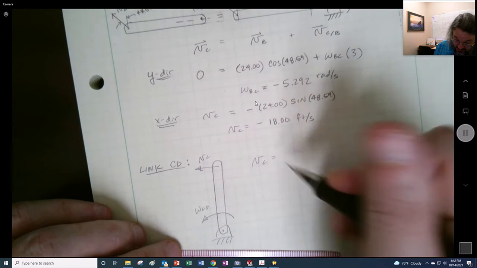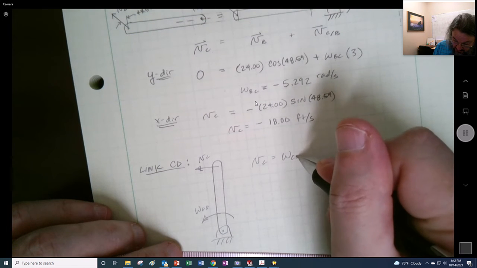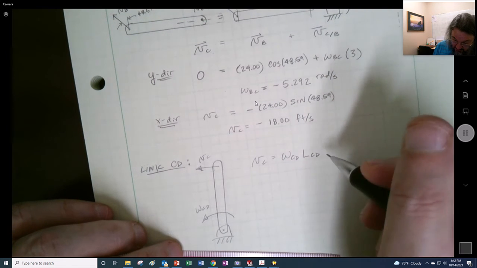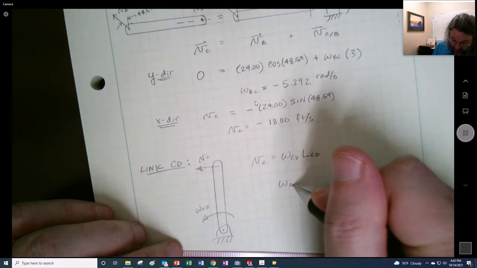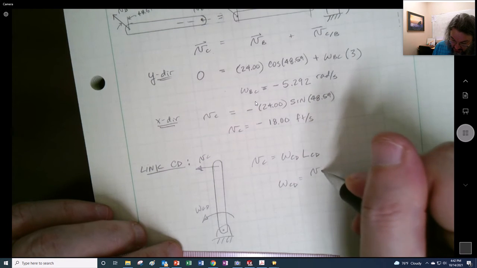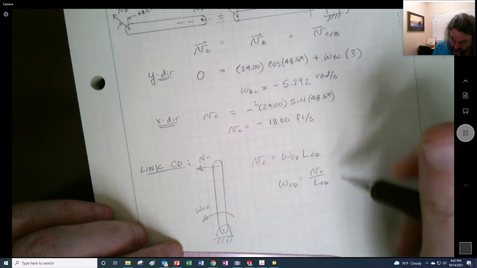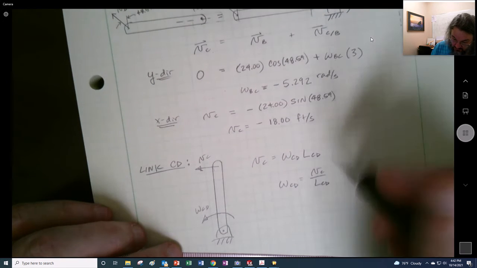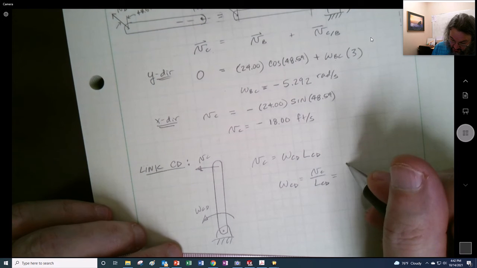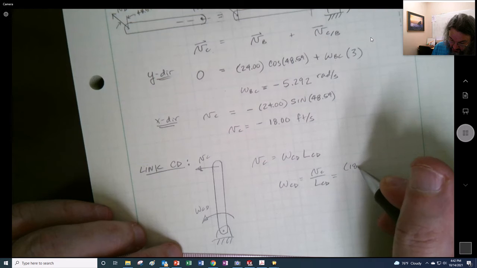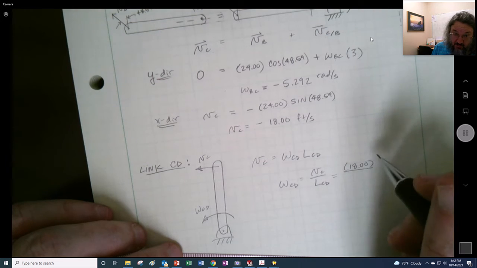Velocity of c is equal to omega CD times the length of CD. So we can find omega CD is equal to velocity of c over length CD. So we get 18 divided by the length of CD, which is 1.5.